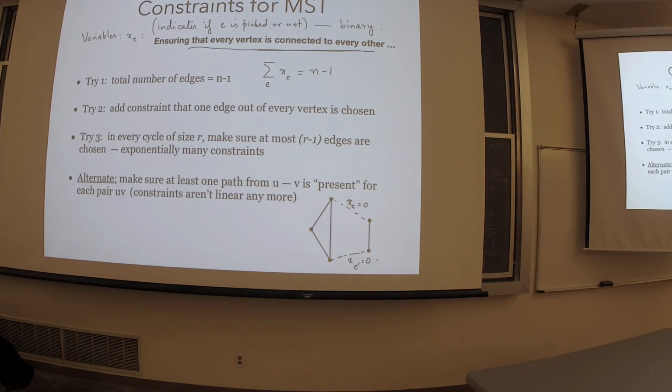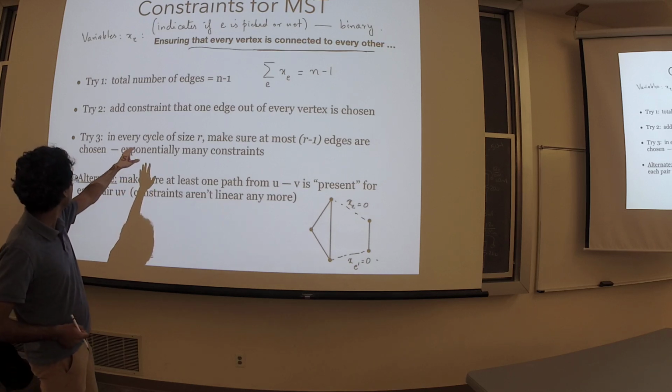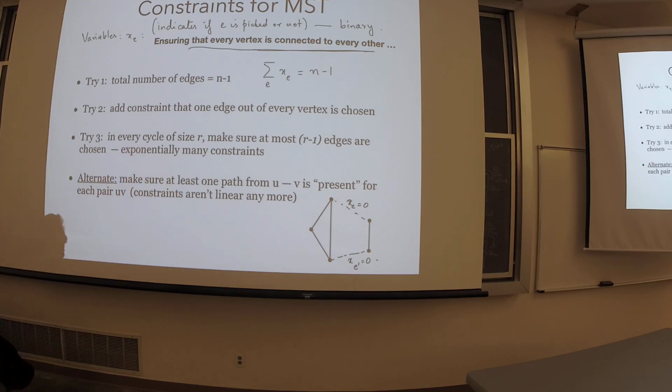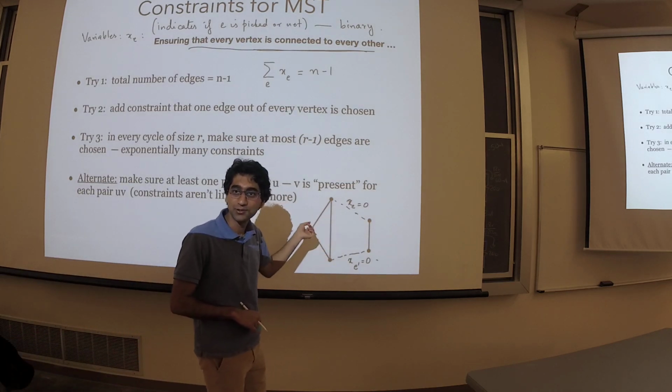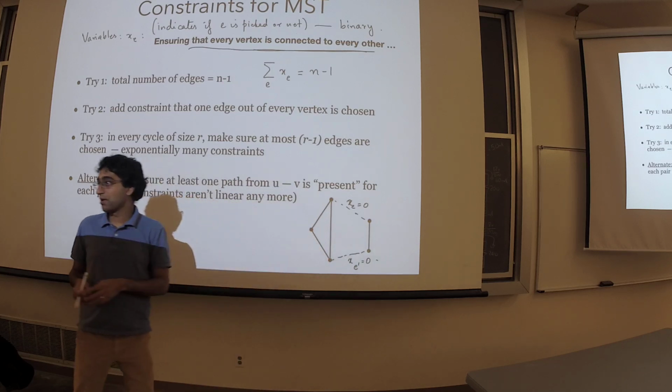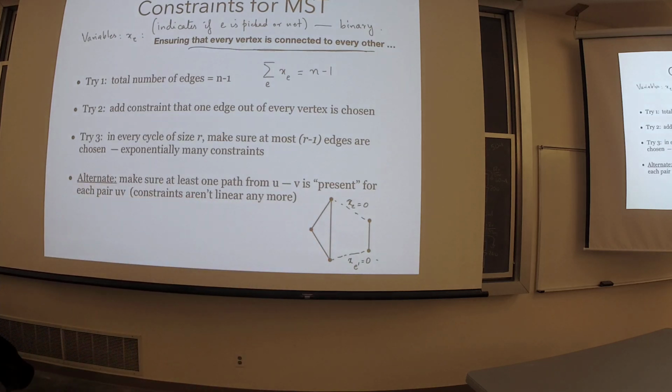Okay. And then we had a suggestion which basically said that, okay, so you want to ensure that what you have is a tree. Right? So maybe you can add this constraint that says that for any cycle of size r, like this solution in particular is bad because here you have a cycle where all edges were chosen. You can say that maybe I will try to avoid doing that.